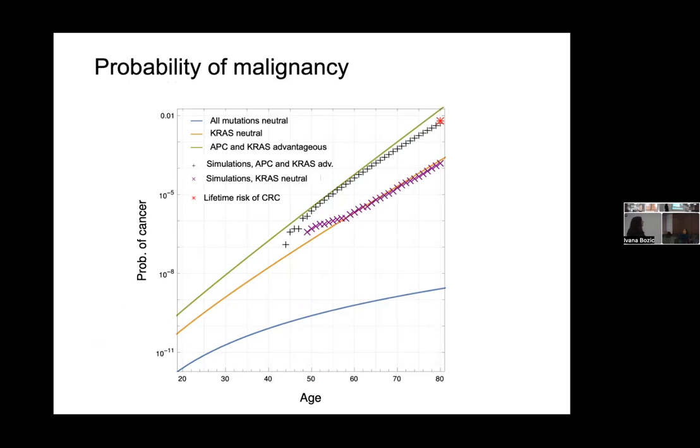And here we see that at age 80, in the fully neutral model, the probability of colorectal malignancy is on the order of 10 to the negative 9, which is, of course, much less than the known incidence or prevalence of colorectal cancer in humans. This is a line where APC only has an advantage. And again, this is on the order of 10 to the negative 5, still lower than the real incidence.